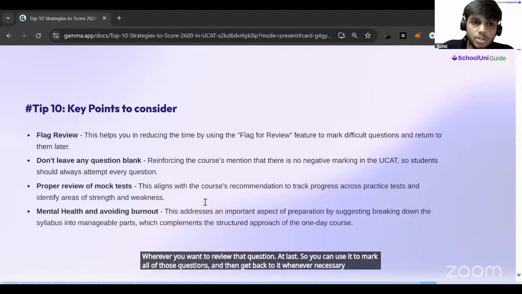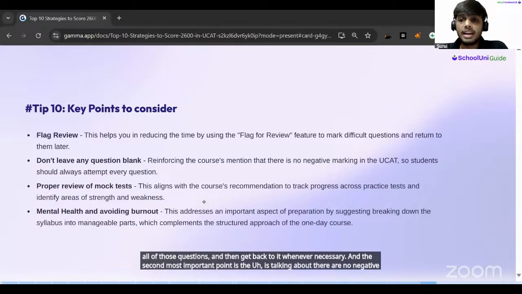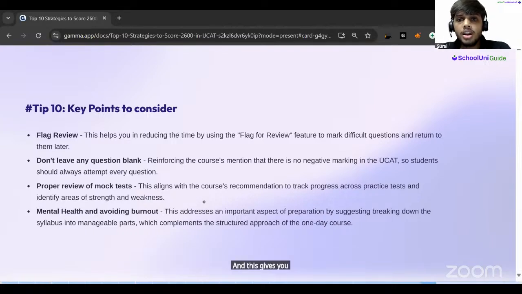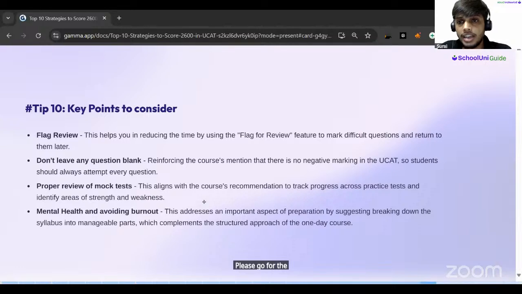The second most important point is that there is no negative marking in the UCAT examination. So make sure you are answering each and every question provided. This gives you an opportunity to take a risk. Wherever you feel there is a 50-50 chance of getting an option correct, please go for the first option that seems correct.